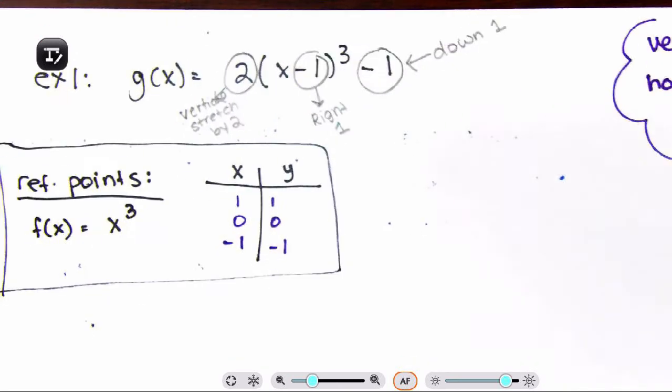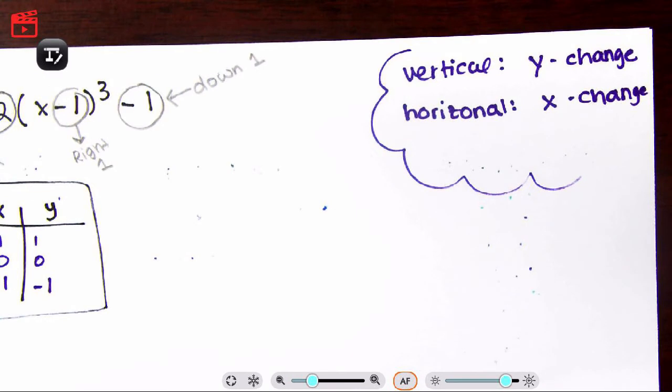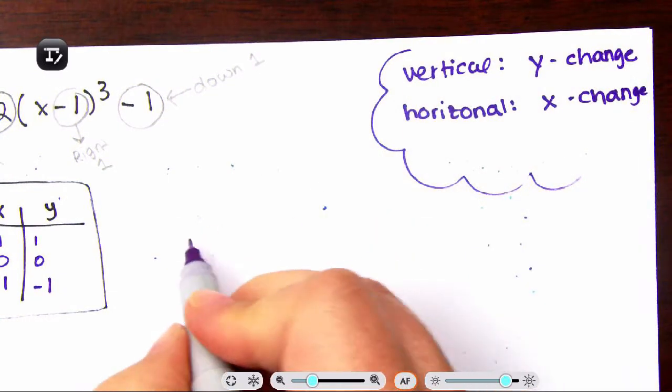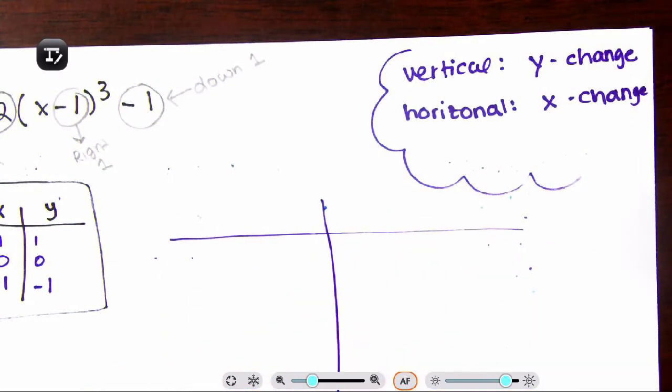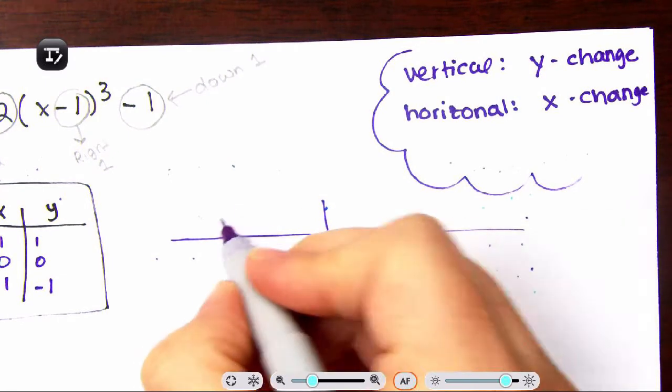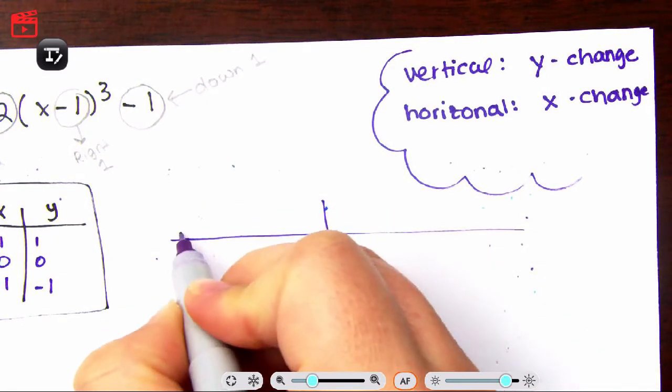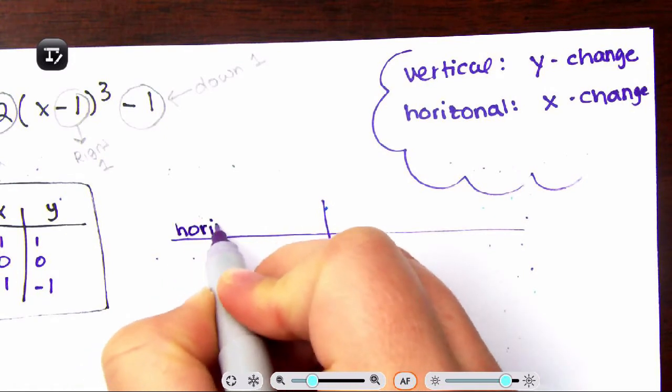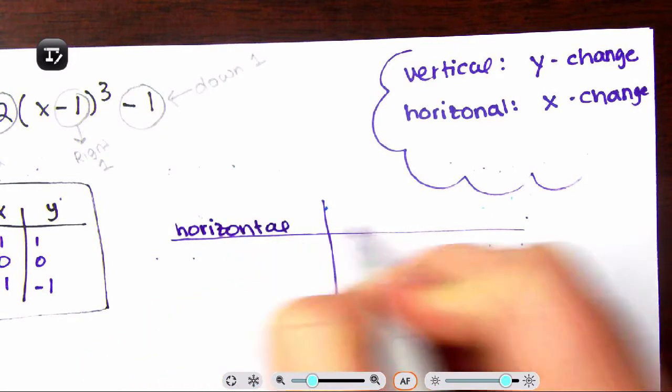So let's see what our changes are. Let's see what our new x and y are going to be. And I'm going to show you this one way, and then I'll show you the other way, because you need to know what happens to your 3 reference points. So here's your horizontal. Here's your vertical.